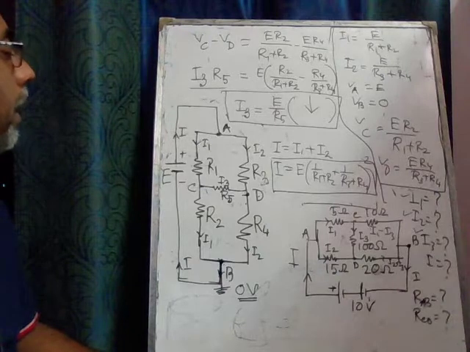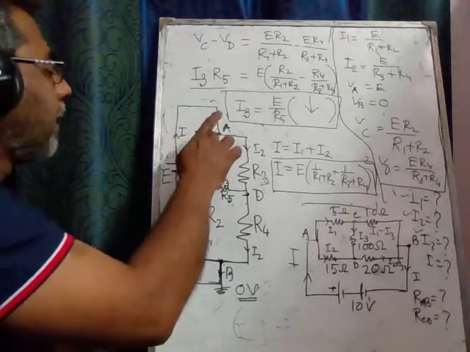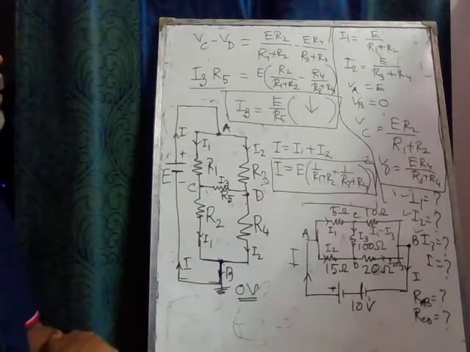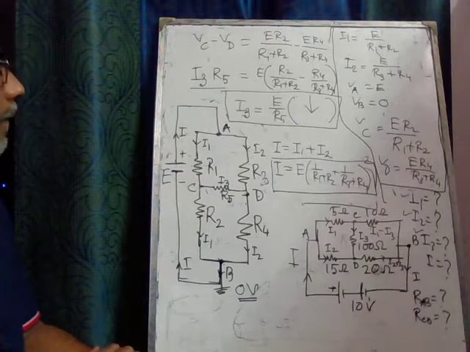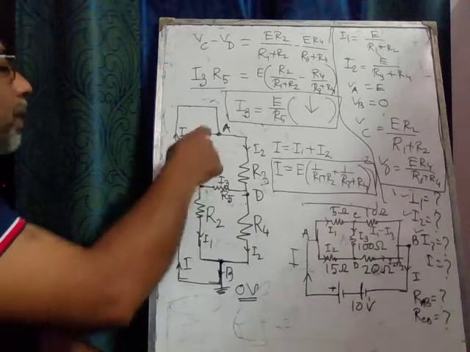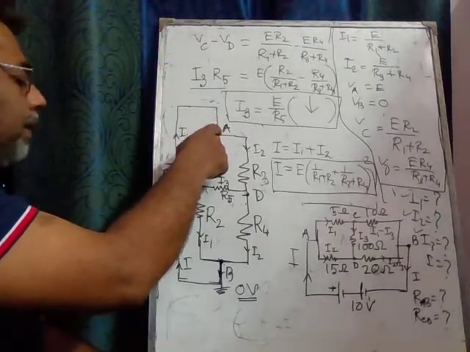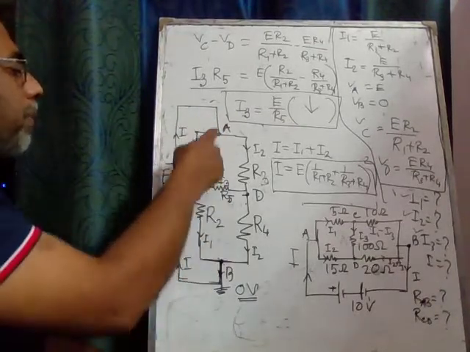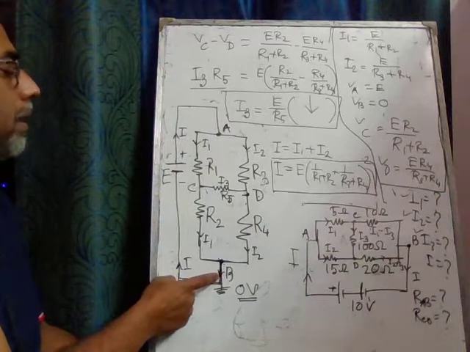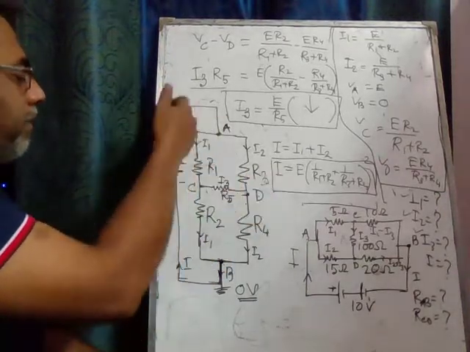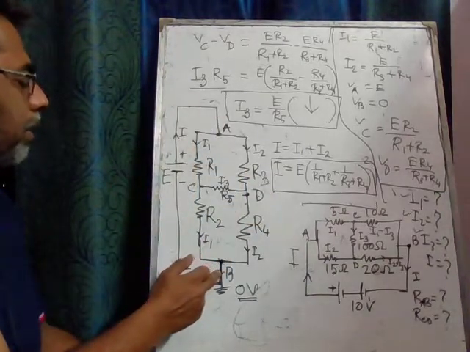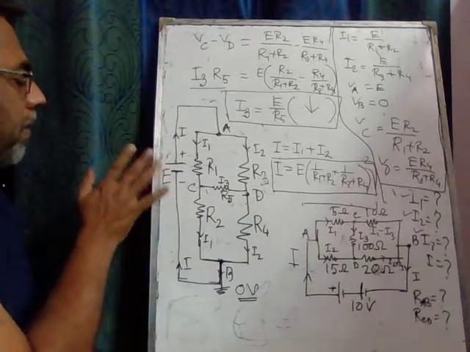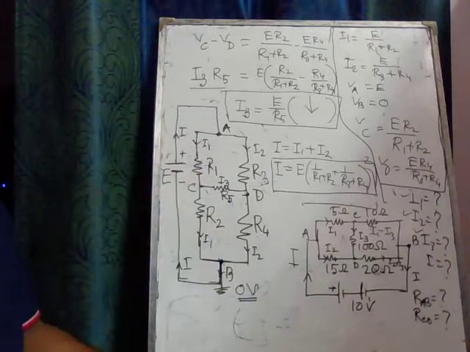Now, if I want to find the effective resistance between A and B, the total current flowing from the point A to the point B is I, and the EMF connected to the two terminals is E. So the effective resistance must be E over I, right?